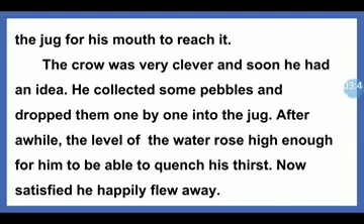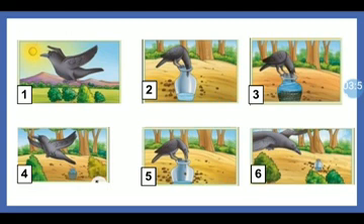So I do hope you remember all the details of your story. Here are the 6 pictures. And if you notice, each picture has a particular number on it, from 1 to 6. What I want you to do is observe the pictures and write the order in which the pictures would come.